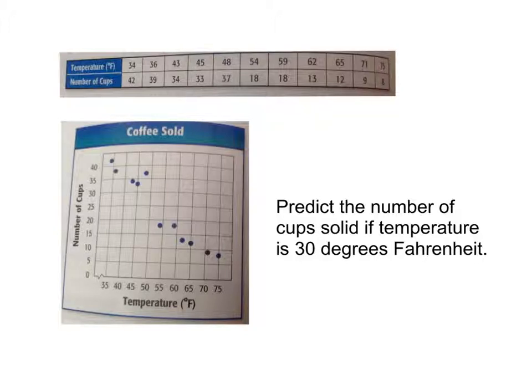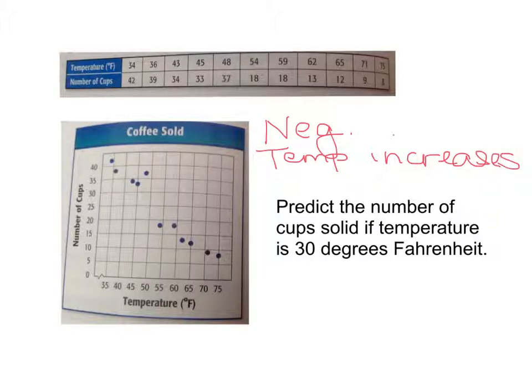As it gets warmer throughout the day, fewer people are going to want coffee. So this does have a negative relationship, and if you had to describe that relationship, you would say as the temperature increases, the number of cups decreases. And you will have to write that out, so make sure that you understand that.